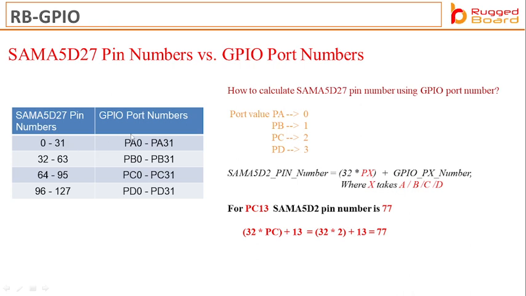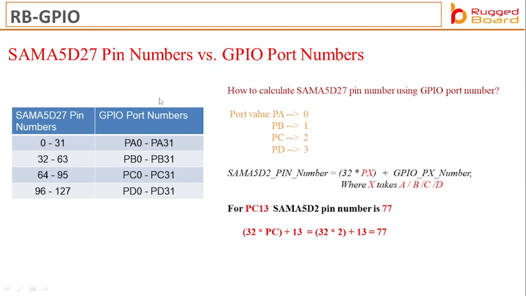So how can we calculate the SAMA5D2 pin number from the port number? We need to understand this to configure the Rugged Board A5D2X GPIO pins. The question is how to calculate the SAMA5D27 pin number using GPIO port numbers.